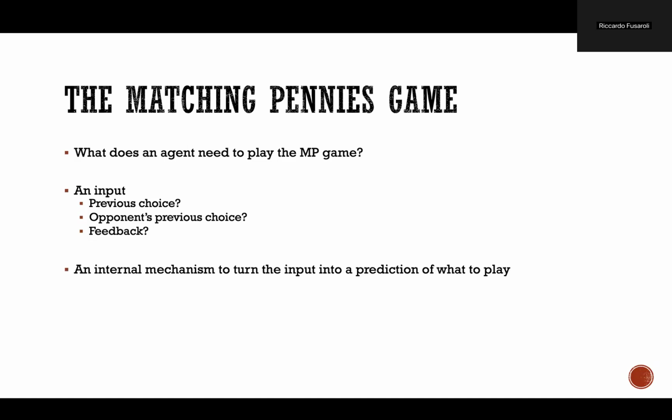Then we need, as you were saying, and remind me of your name, Peter, yes, thanks, an internal mechanism that turns the input into a prediction of what to play. And then we need a decision mechanism turning the prediction into a choice. And this is something that's actually quite crucial. We separate the internal estimation, sometimes it's called, from the decision rule.